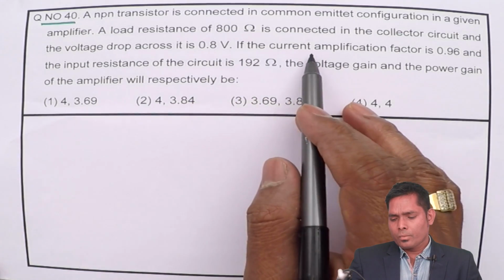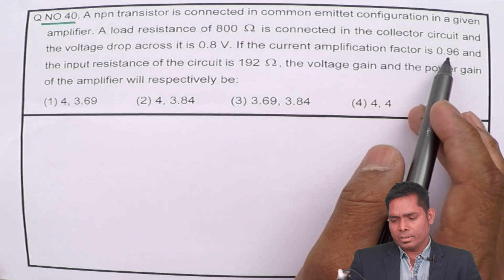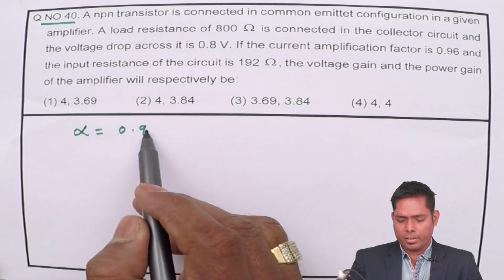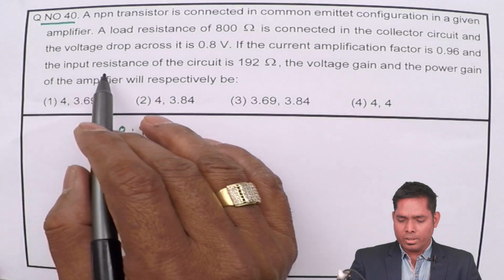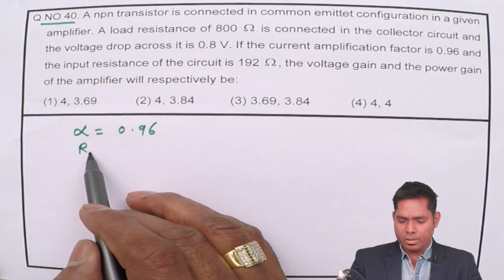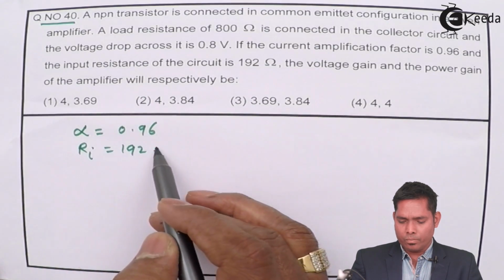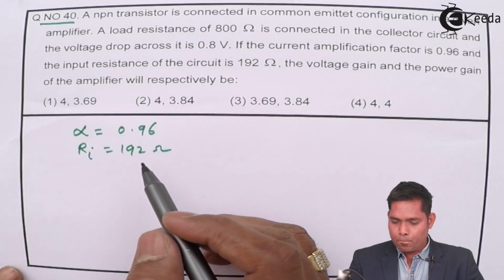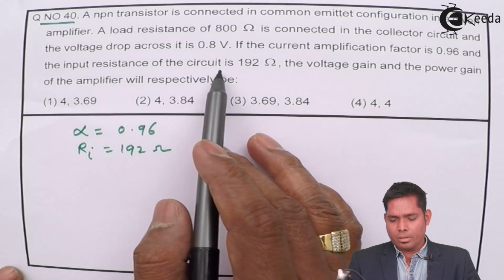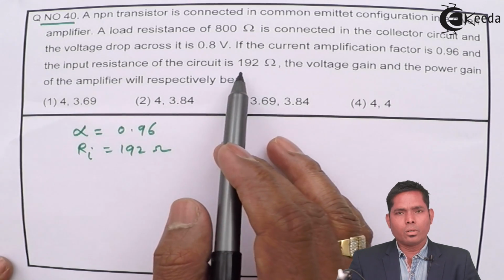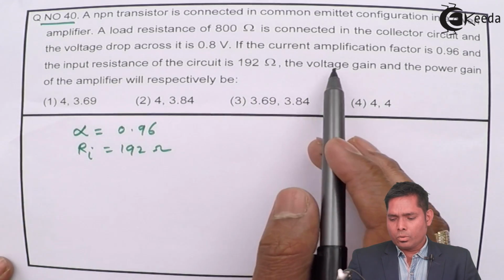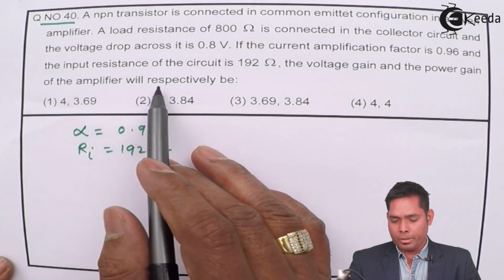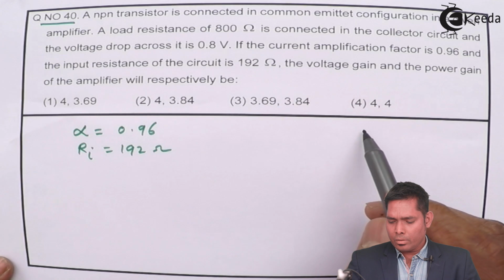If the current amplification factor is 0.96, that means alpha is 0.96, and the input resistance is 192 ohm. The voltage gain and the power gain of the amplifier will be, so what is required is the voltage gain and the power gain.